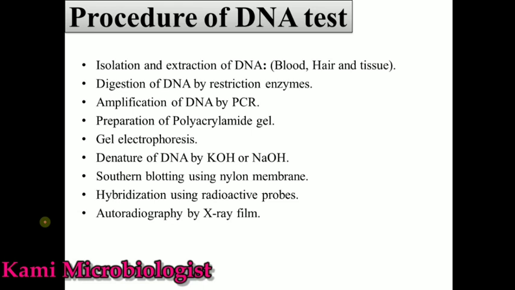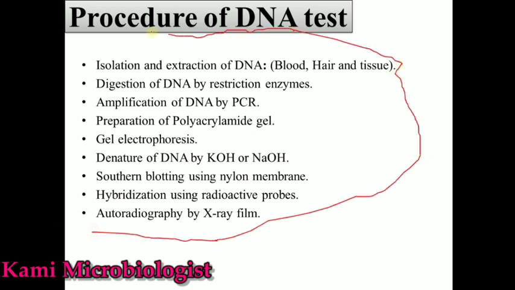To perform DNA fingerprinting, we have to know all these steps. These are the most important steps that are used in DNA fingerprinting. First of all, we have to extract and isolate the DNA from the sample which we collected from the crime scene or from anywhere.